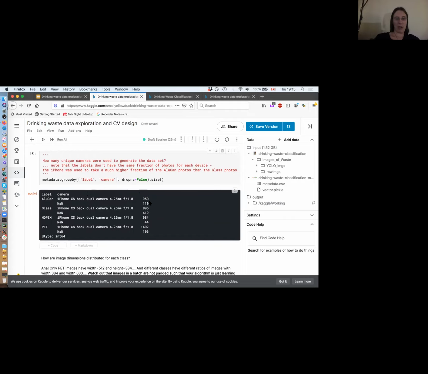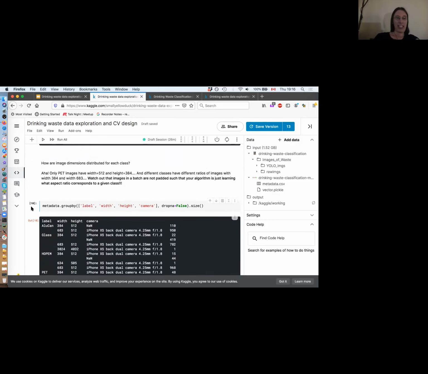What you notice right away is that like 95% of the aluminum can images were taken with the iPhone, whereas only two-thirds of the glass bottle images were taken with the iPhone. So right away, without even knowing anything about the picture, you could already make a really simple model that, just based on the camera, guesses what's in the picture, which is not what we want.